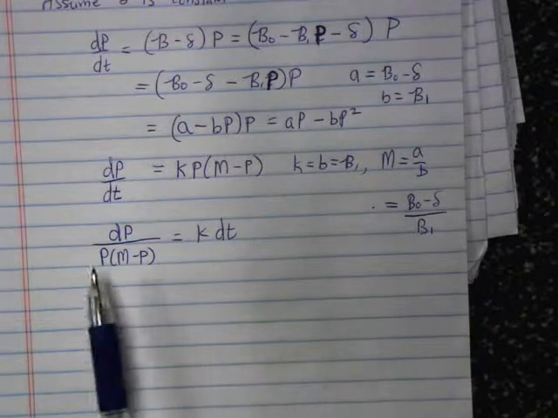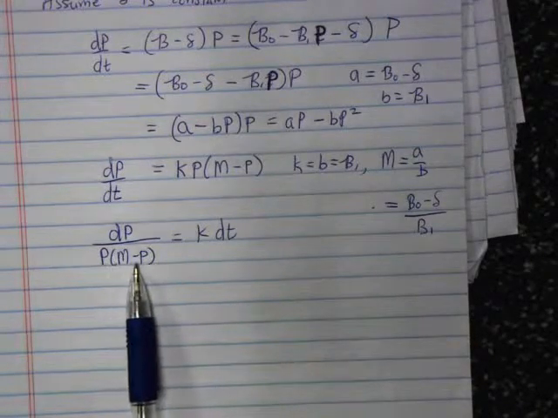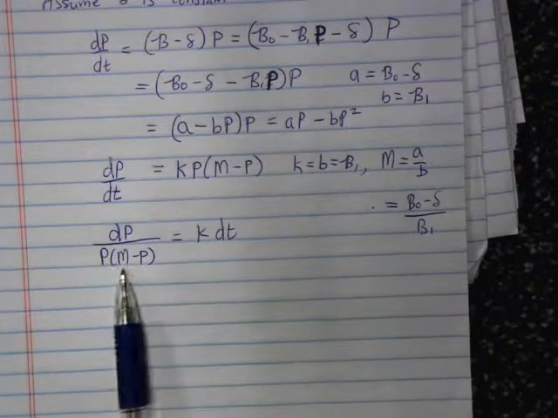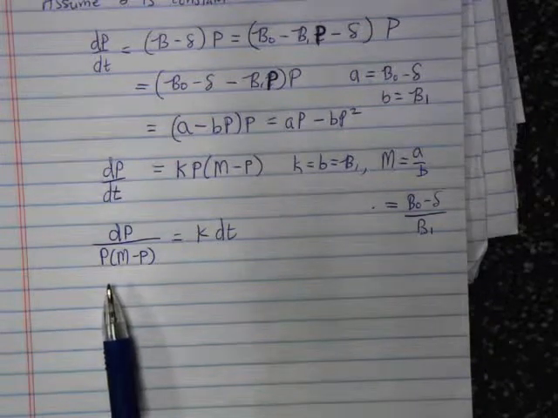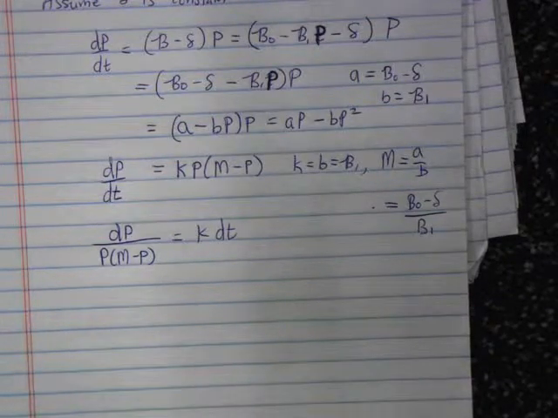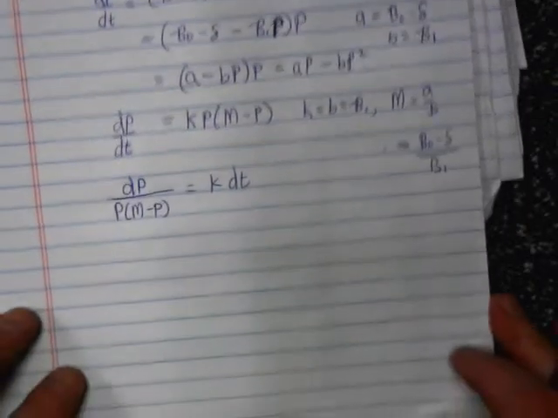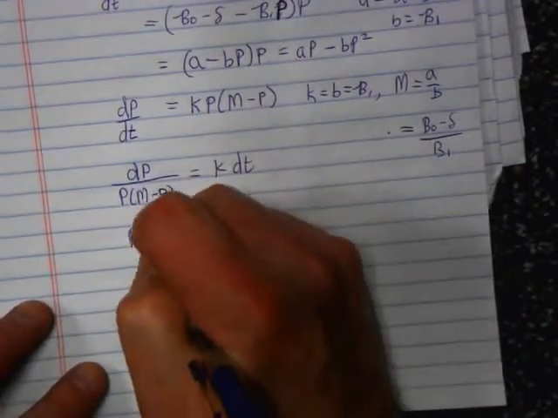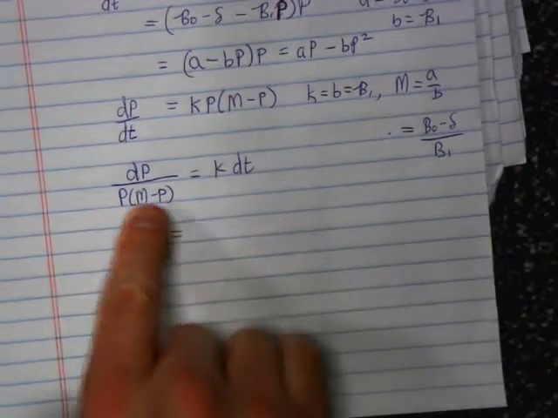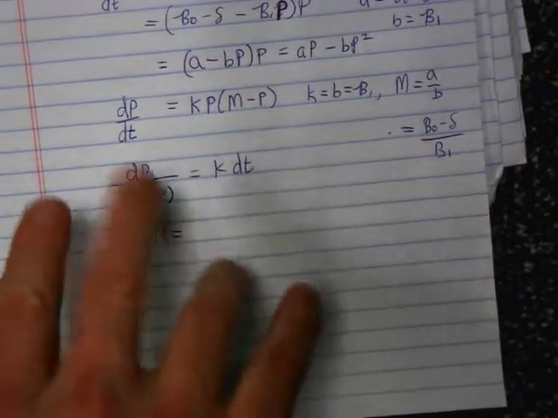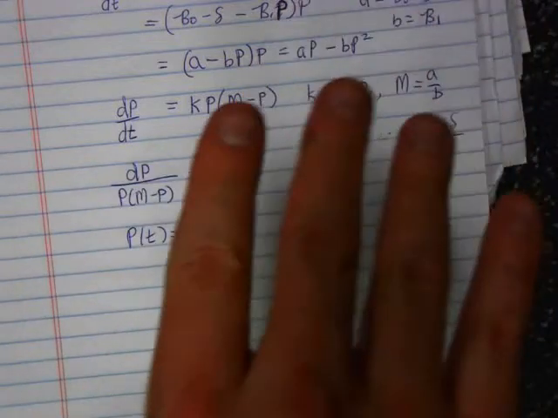This has a denominator that factors. Anytime you have a denominator that factors, that's partial fractions. This is a partial fractions problem. The good news is I'm just going to tell you the answer. You integrate when you're going to have a P on bottom and an M minus P on bottom, which is going to give you logarithms there. So you're going to have to exponentiate.